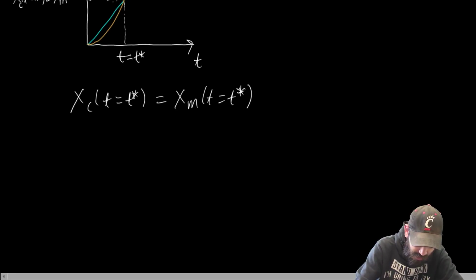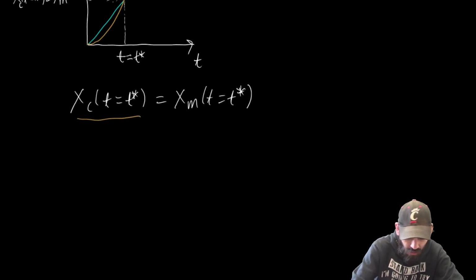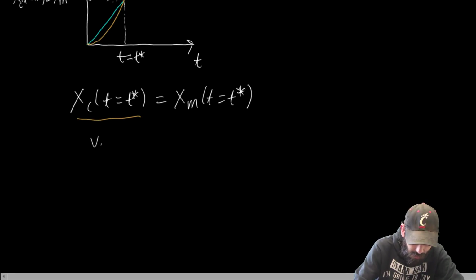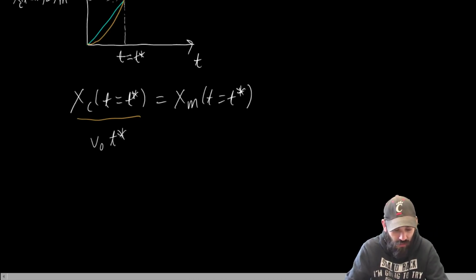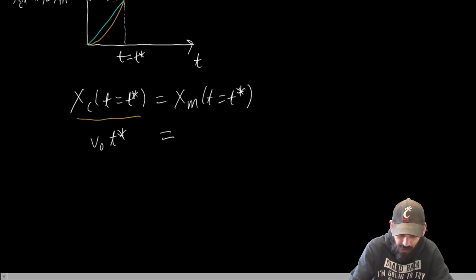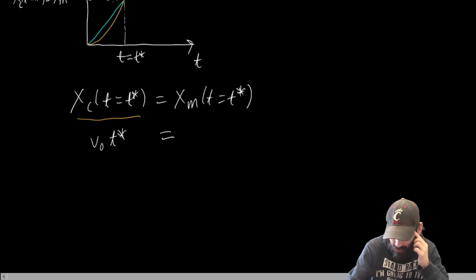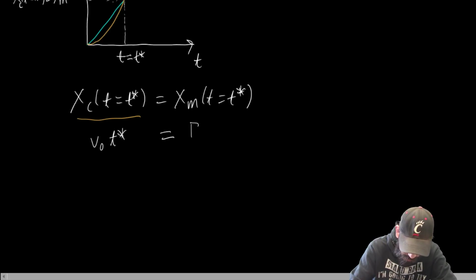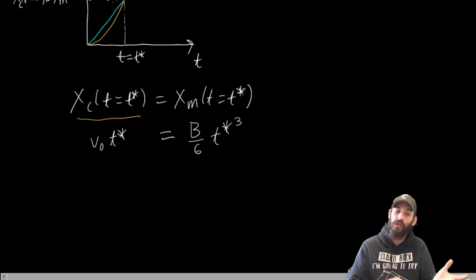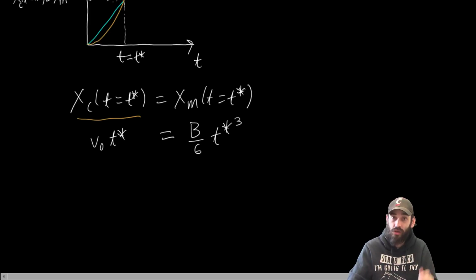Okay, so this says that for the car, his position as a function of time was just v0 t star. For the motorcycle, remember that this was the cubic that we had. This was going to be b divided by 6 times t star cubed. Okay? Now we just need to solve for what t star is.